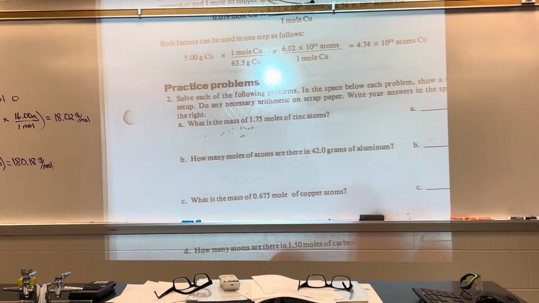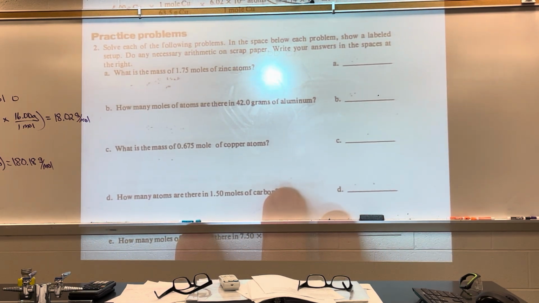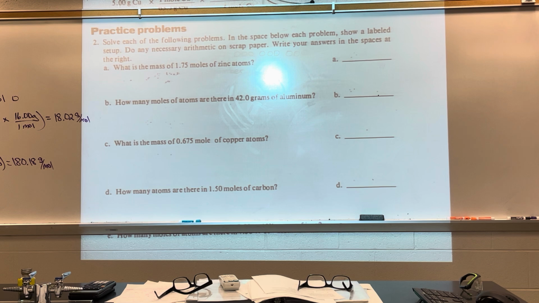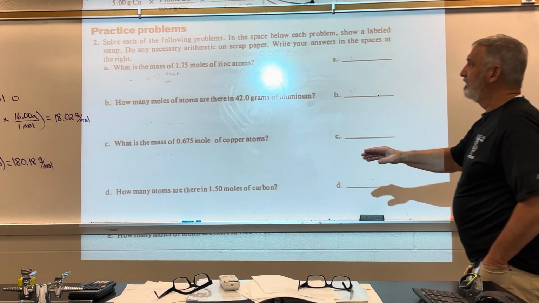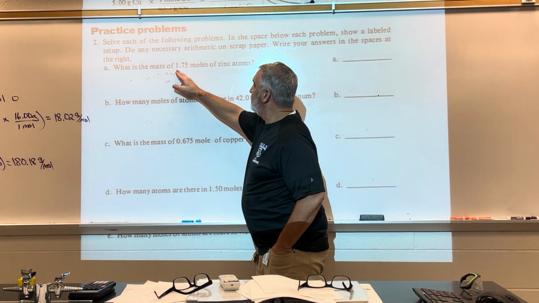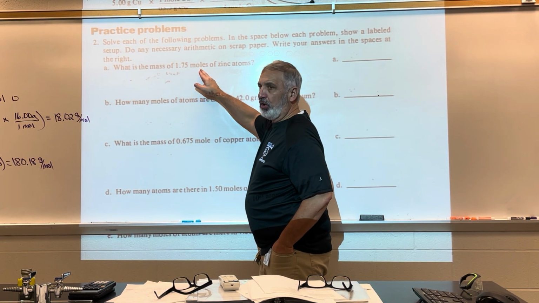So if I'm looking at this, and I want to go, what is the mass of 1.75 moles of zinc atoms? I want to clarify something. You take English so you can properly read a good science problem like this. What is the mass of 1.75 moles?